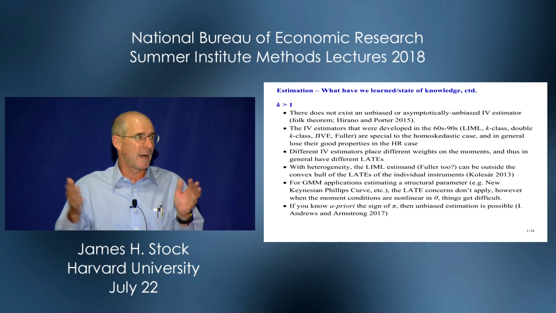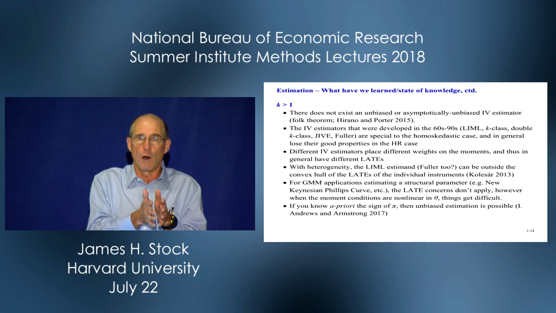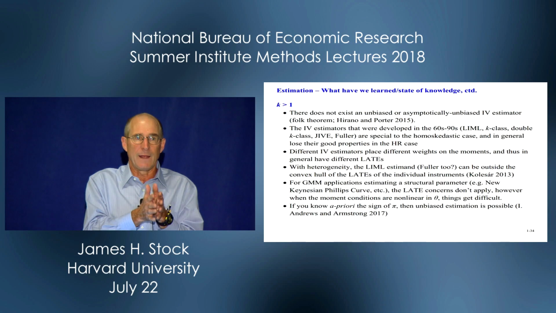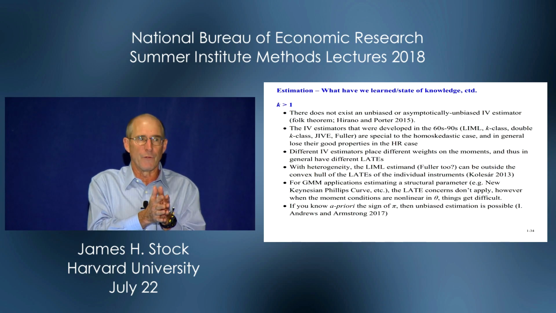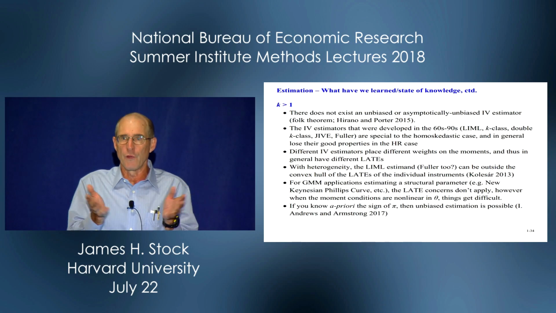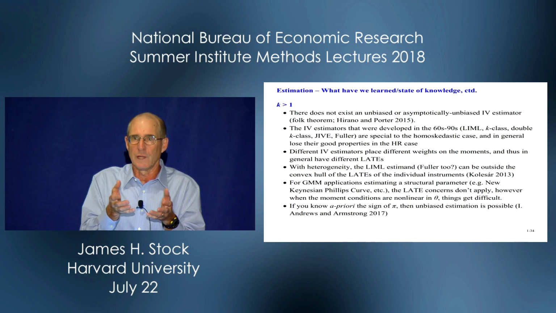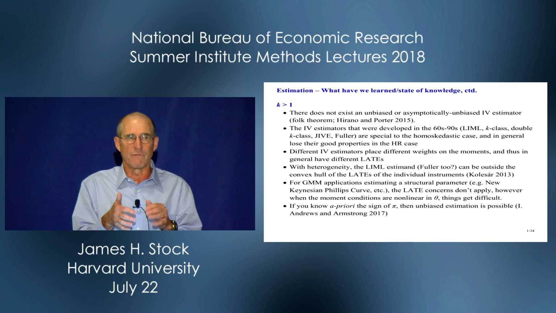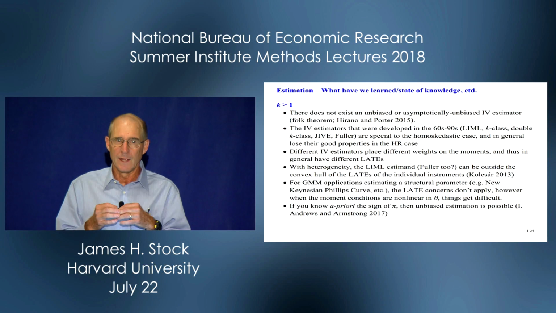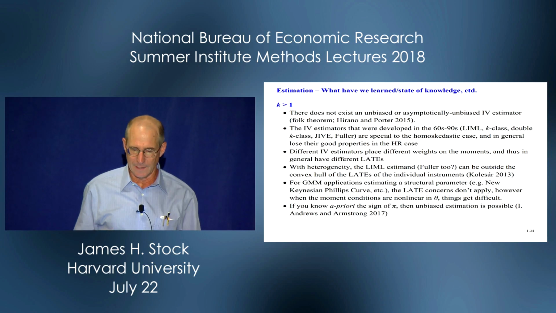You know, it's like biased or unbiased. All of that is in the case that the estimands for all the instruments, the LATEs, are all the same, but as soon as you are in this world where you want to have some control over your LATE, then I think you're just driven right back to two-stage least squares.